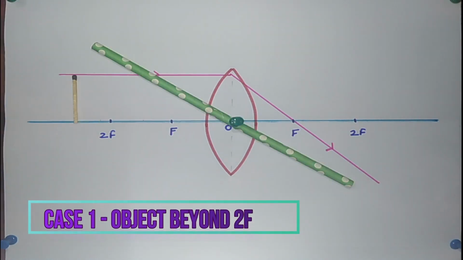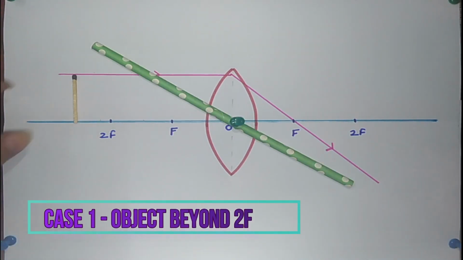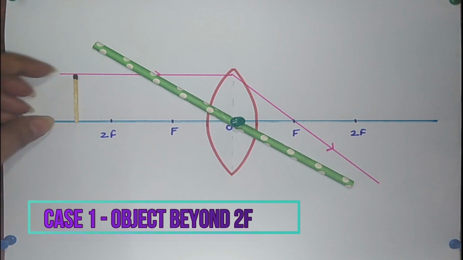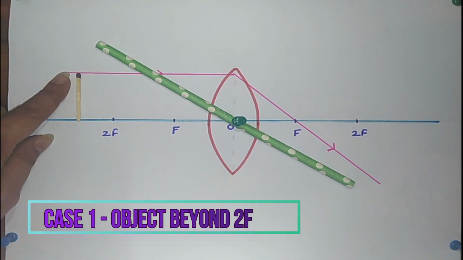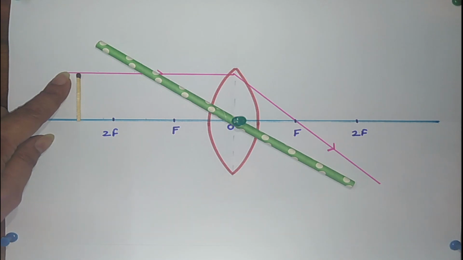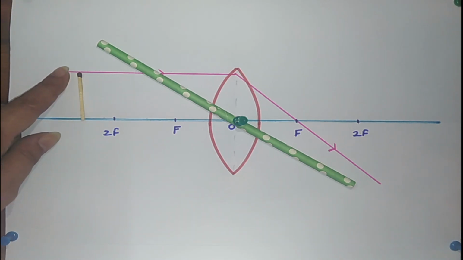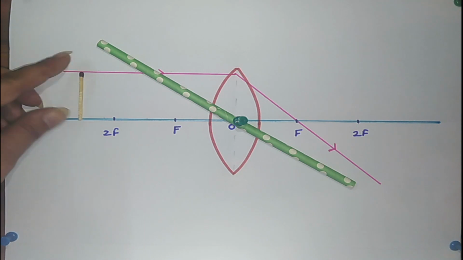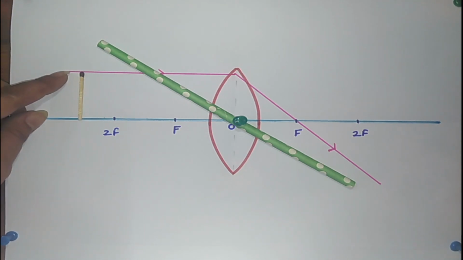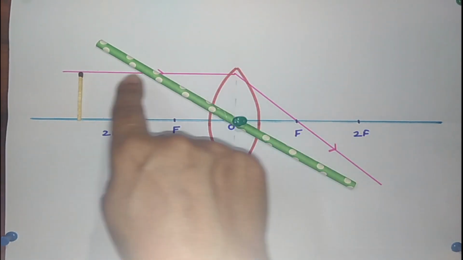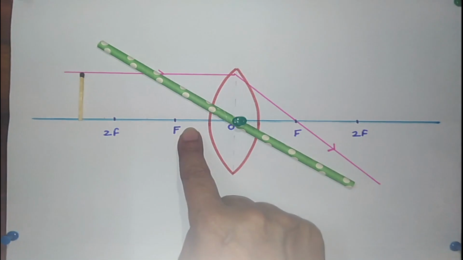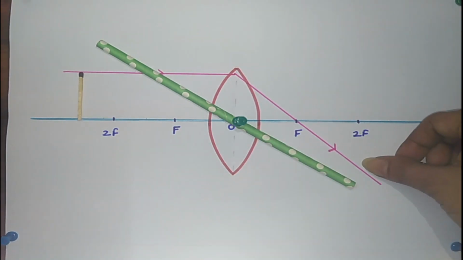Let us start with the first case and assume that the object is beyond the point 2F. Ensure that you always keep the head of the matchstick away from the principal axis. So the head of the matchstick becomes the top of the object and this becomes the bottom of the object. The first special ray of light passing parallel to the principal axis will now pass through the focus.